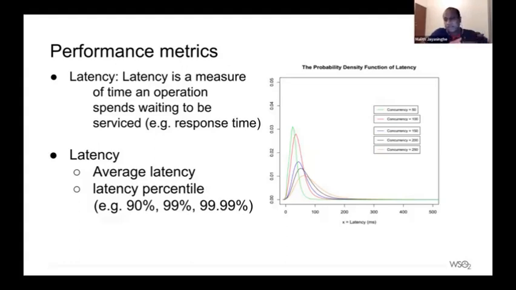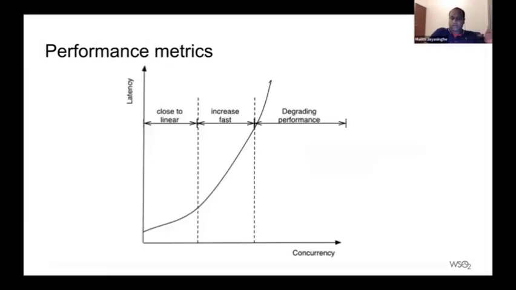From this latency distribution, you can compute various statistics such as the 99 percentile or the average latency, 99.99 percentile, and so on. And then you can also investigate how these statistics vary with the concurrency or the load, right?